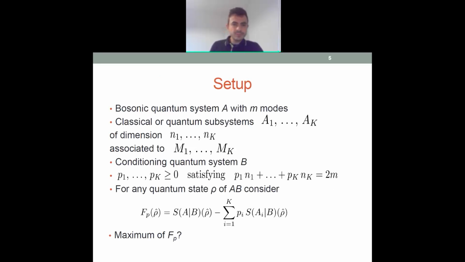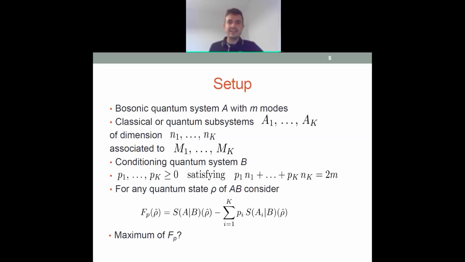Okay, so let me describe the setup of this generalization of the strong subadditivity. We consider A, a bosonic quantum system with M modes. Then we consider a bunch of subsystems of A, and we label these subsystems A1, A2, up to AK. So K will be the number of subsystems that we consider.